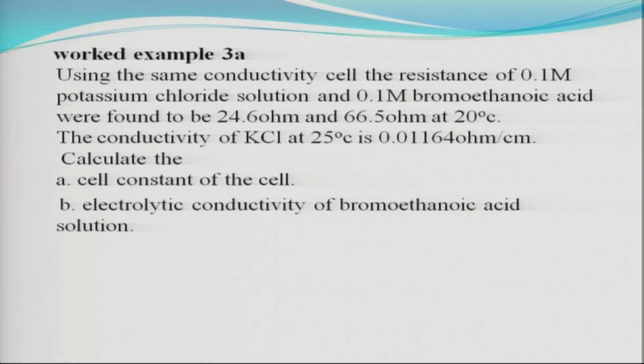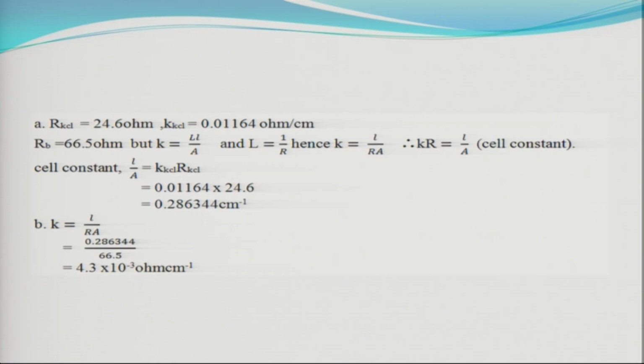So we are going to see how we calculated. The first thing is for us to note the resistance and the conductivity of potassium chloride. Then from there, we have our resistance at 66.5. But K, we said K is equal to this one times this one.